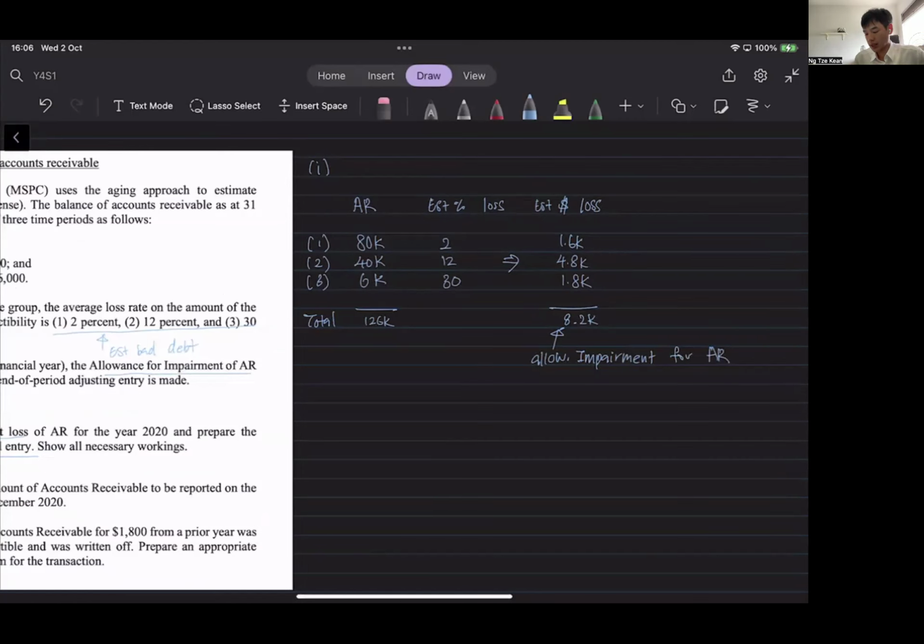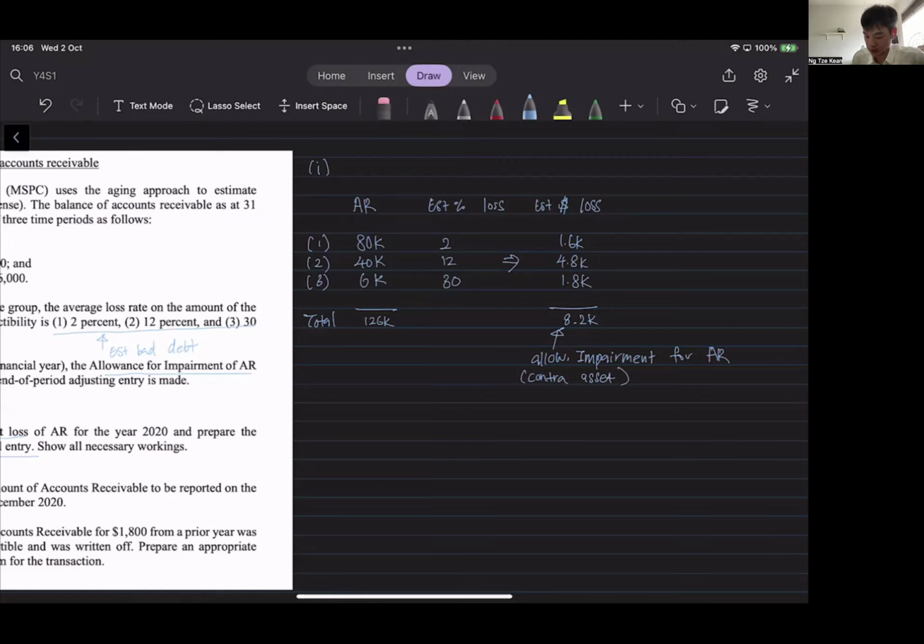Okay. And the allowance for impairment for AR is a contra asset. Meaning, if you want to decrease, you would have to debit, and if you want to increase, you would have to credit.